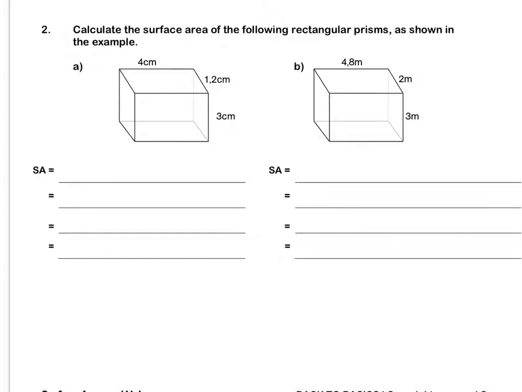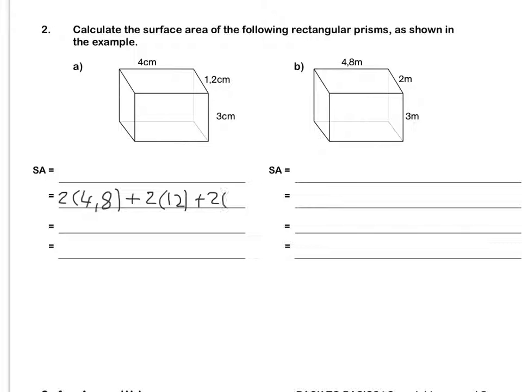Question 2. Calculate the surface area of the following rectangular prisms. For A, we see we have a decimal fraction. So you can write out your formula by yourself. Then we're going to have 2 times 4 times 1.2, which we're going to get 4.8. You can check that by yourself. Plus 2 times 4 times 3, which is 12.